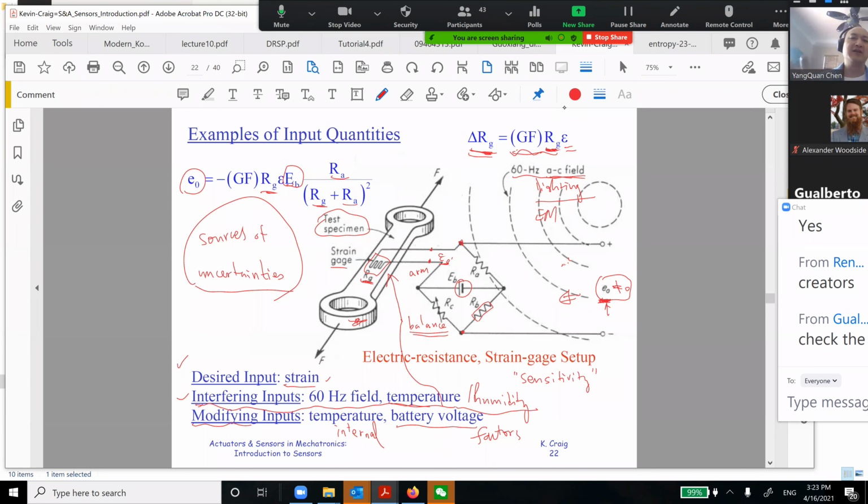So now you have an idea about when you have a sensor, you got a reading E0, then you should know what's happening behind. You should know interference and perhaps internal modifications somewhere, okay? So let's go back.